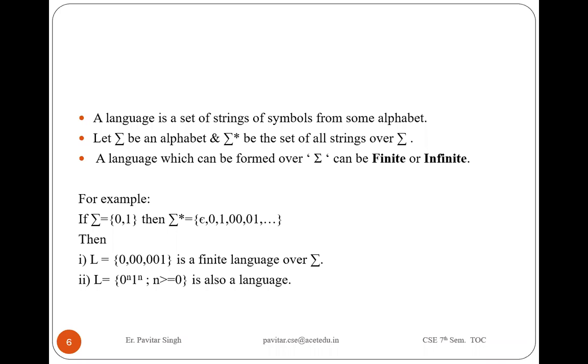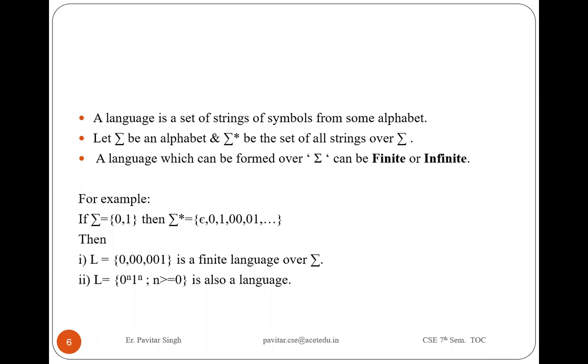So in this language we have 3 strings. Similarly, in the second part, L is equal to 0 raised to power n, 1 raised to power n for every n greater than or equal to 0. So again, it is an example of language.